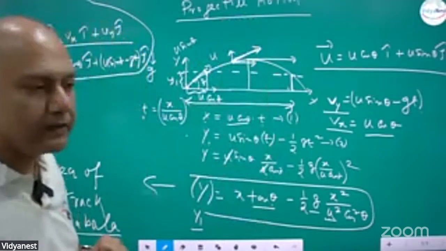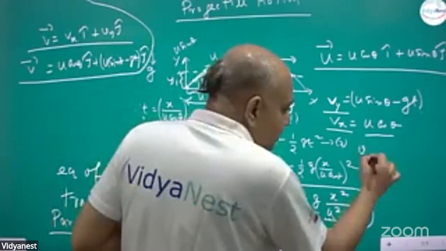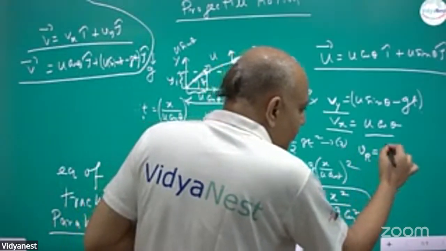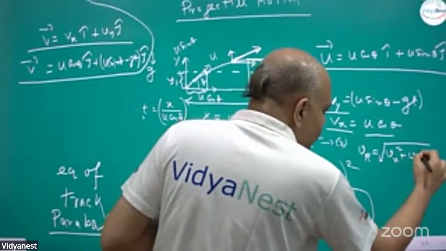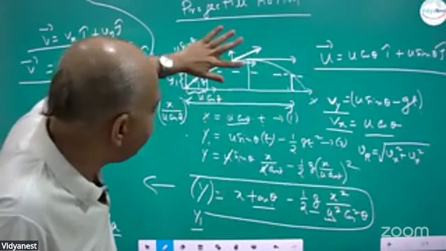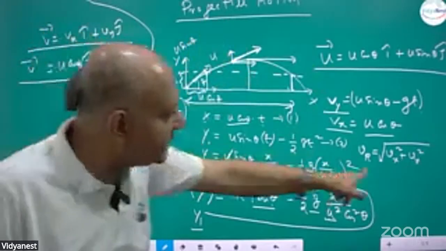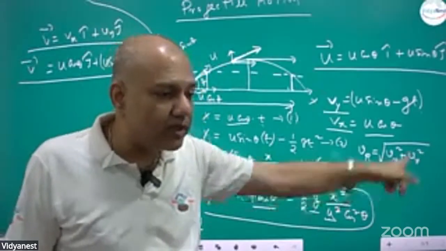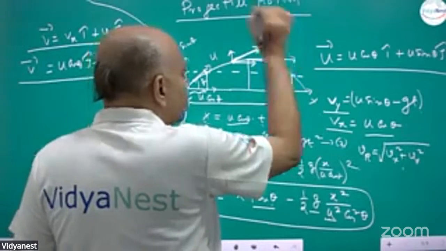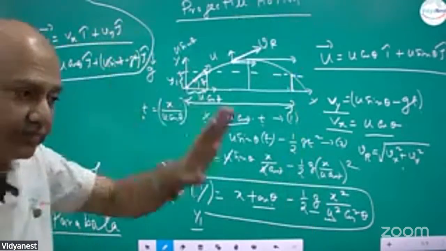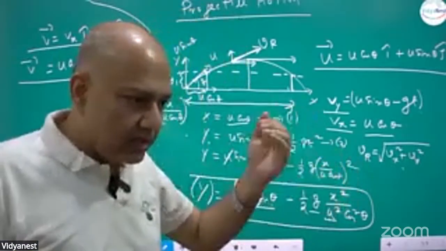So velocity resultant, I can write as root over Vx square plus Vy square, since these two vectors, Vx and Vy, are mutually perpendicular, so directly I can use this formula. If this is Vr, the resultant velocity. Understanding properly? Okay, very good.